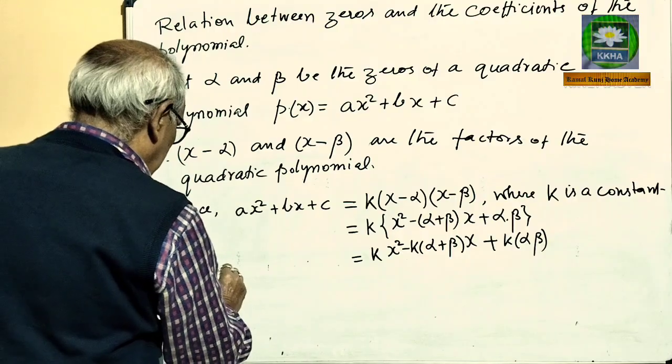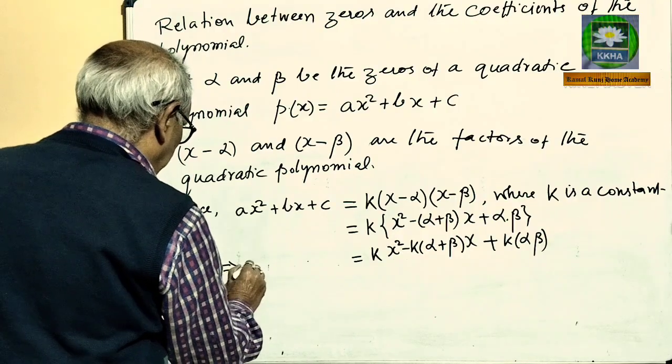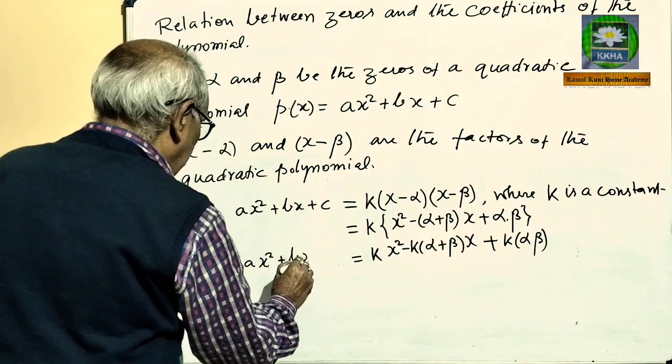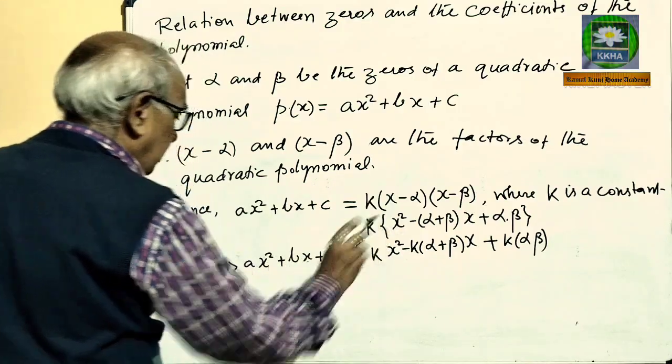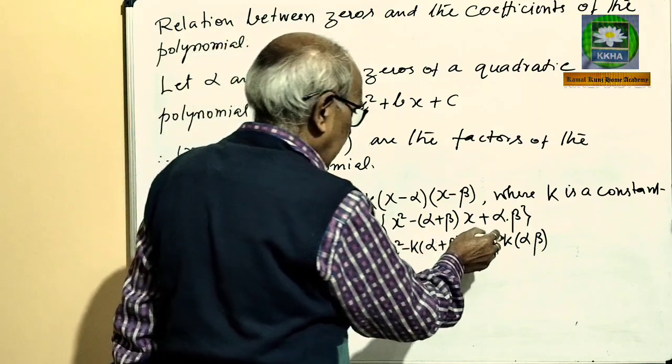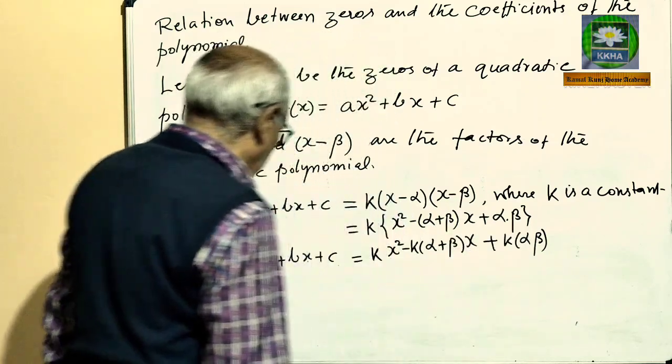This implies that ax square plus bx plus c equals kx square minus k into (alpha plus beta) x plus k into alpha beta.